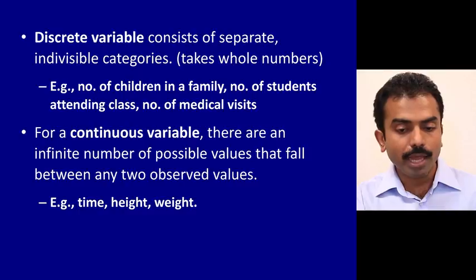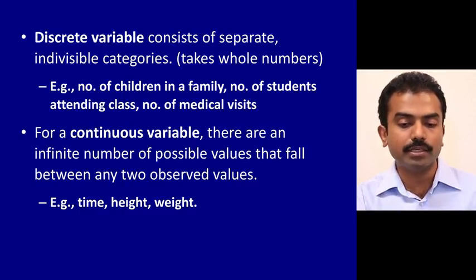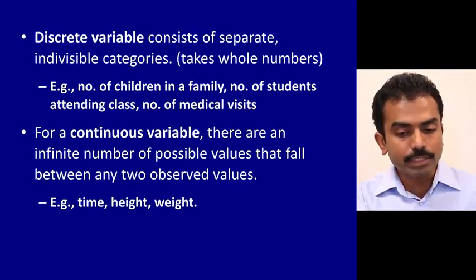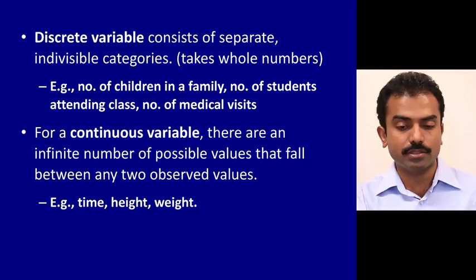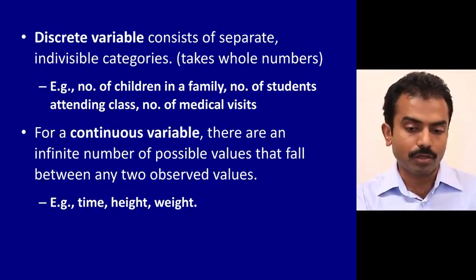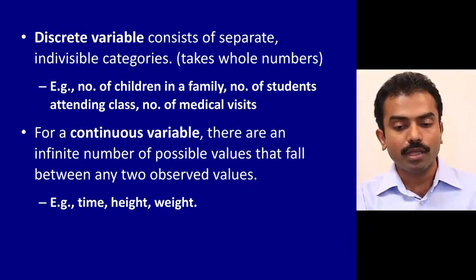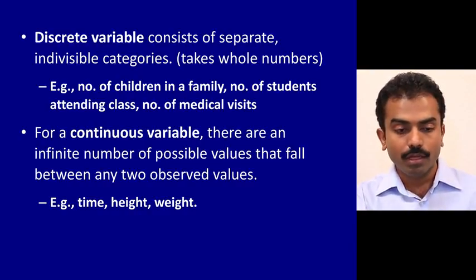So the main characteristic of a continuous variable is that you can divide it into an infinite number of possible values, and each value will still make sense. Another example is weight or age or time. These are quantitative variables but continuous.